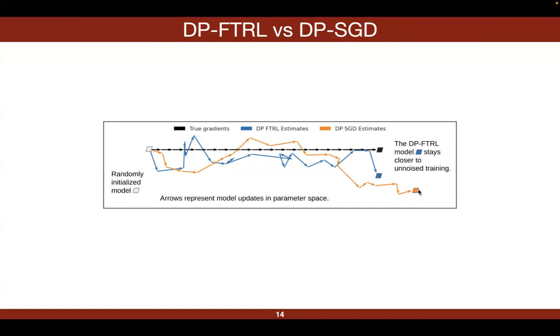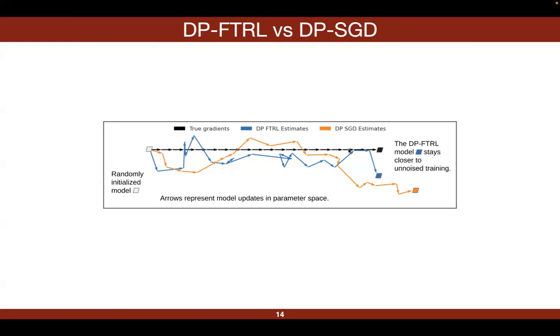So in the end, we may arrive at a point farther from the actual optimum. On the other hand, for DPFTRL, the per round noise may be larger, by a factor of log t or something, log t squared. But it's optimized with respect to the cumulative error. So in the end, we can achieve a closer point.